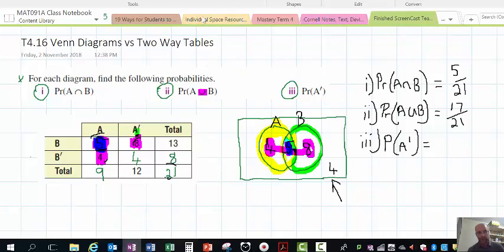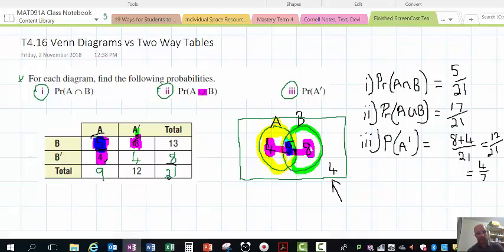That includes the 8 and the 4. So all we need to do is 8 plus 4, which we could do in your head, over the total of 21, which is 12 over 21. We can divide top and bottom by 3, so we get 4 over 7.